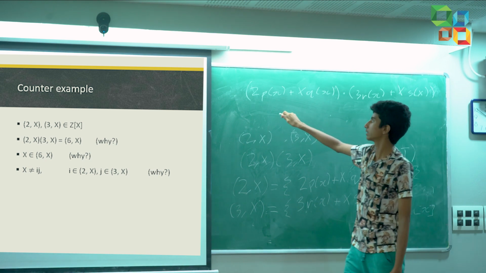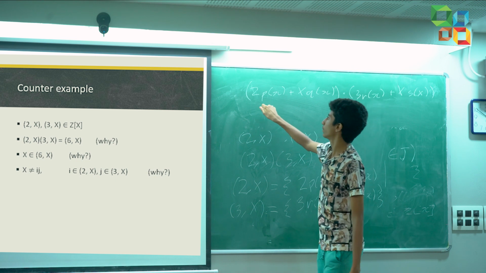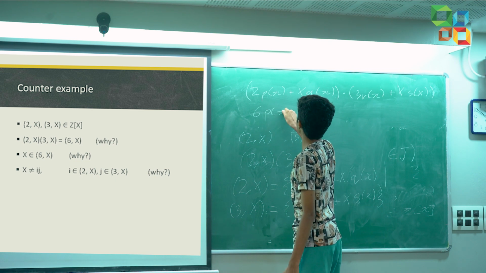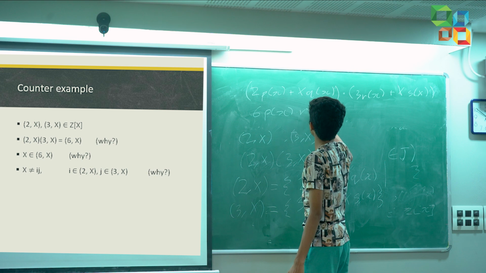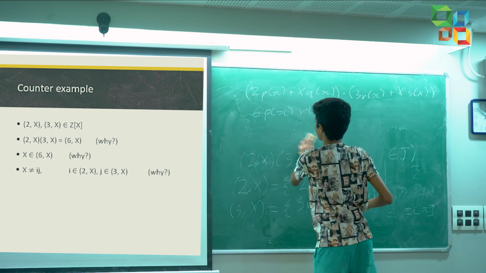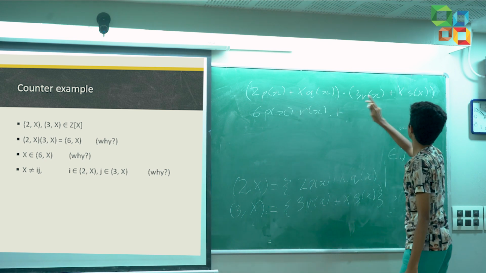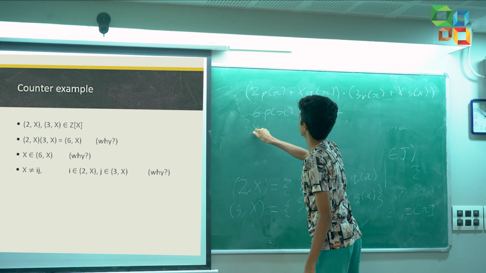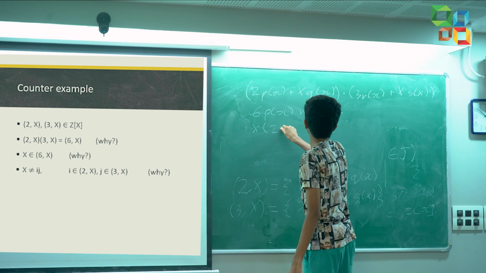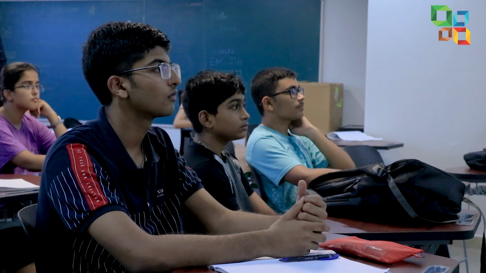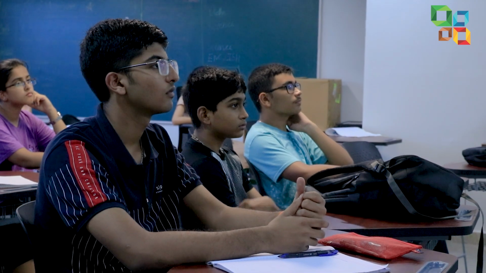We'll try to characterize it like this first. Multiply it, open it up: 6p(x) r(x) plus x times 2p(x) s(x).